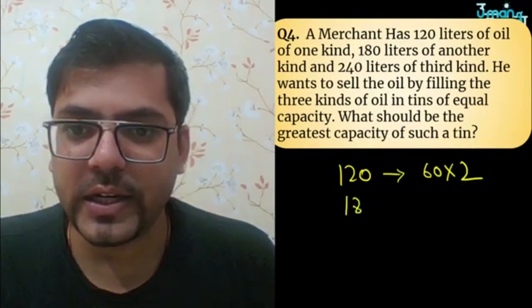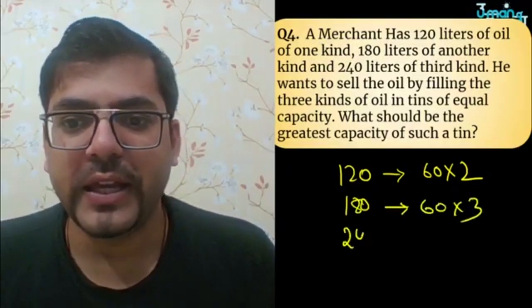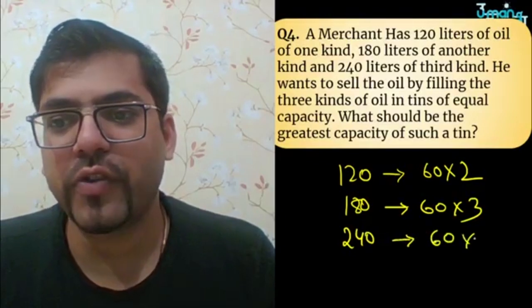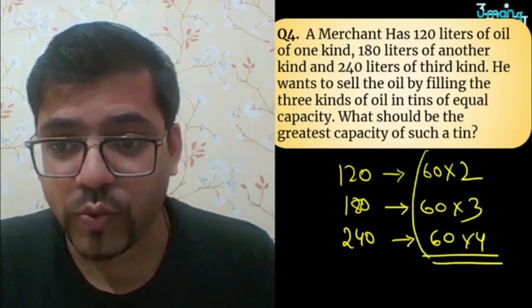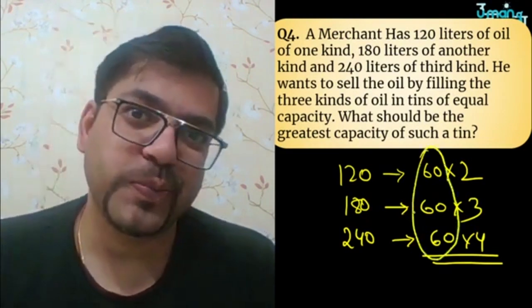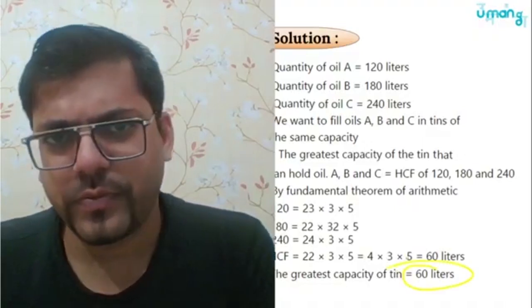Similarly, 180 liters in 3 containers. For 240, he can again sell in 60-liter containers, 4 containers. That is how it works out, and that is what was being asked. Okay, if you all have understood, 60 liters is the answer. Fine, Eureka.